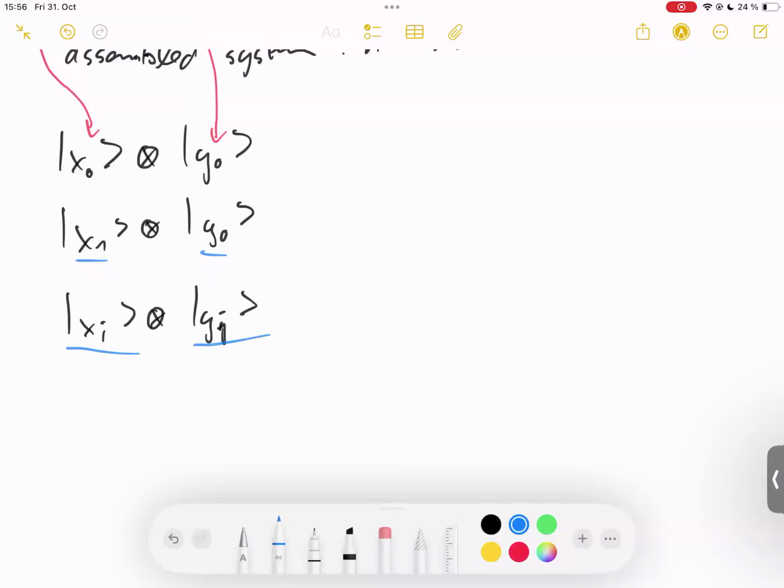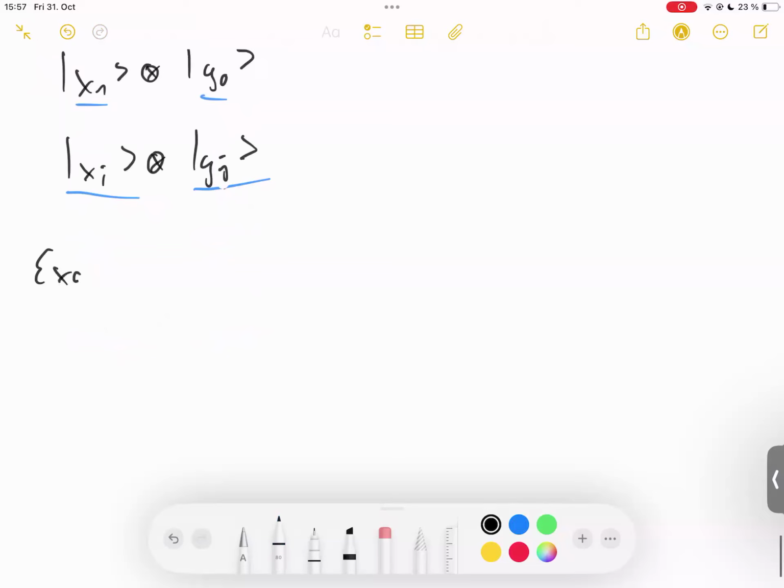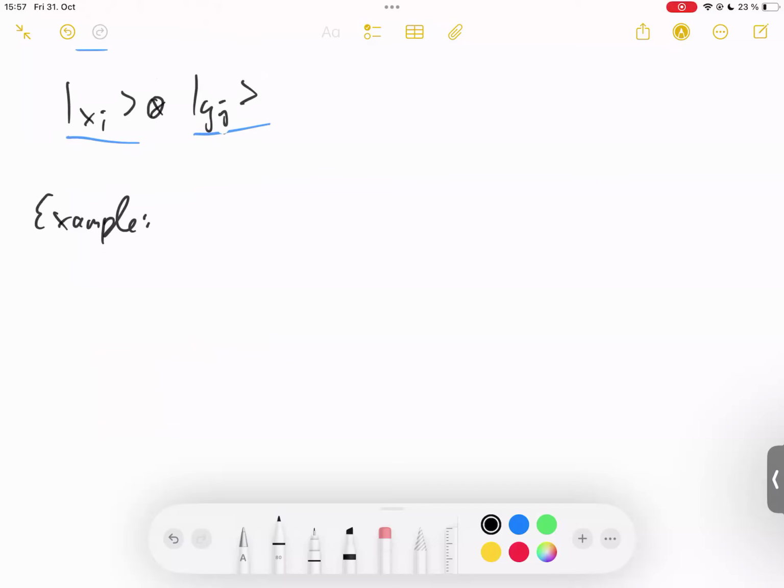So xi and yj, meaning the first particle is found at position xi and the second particle at position yj. We can look at an example now what this means, and then step by step we will get to some very interesting effect that we get to notice in such systems.